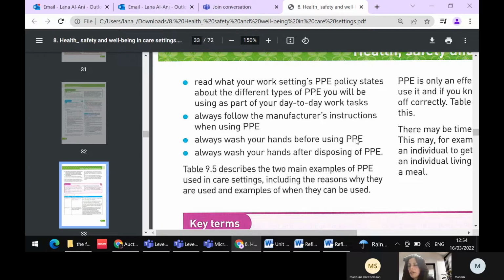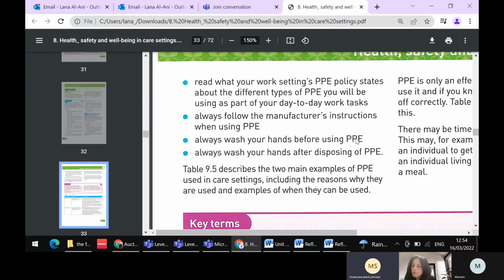The way I use it, I follow the policy and procedure, use it in day-to-day activities, follow the manufacturer instructions if there are any specific instructions, and always wash my hands before using them, and after I use them, I dispose of them properly.